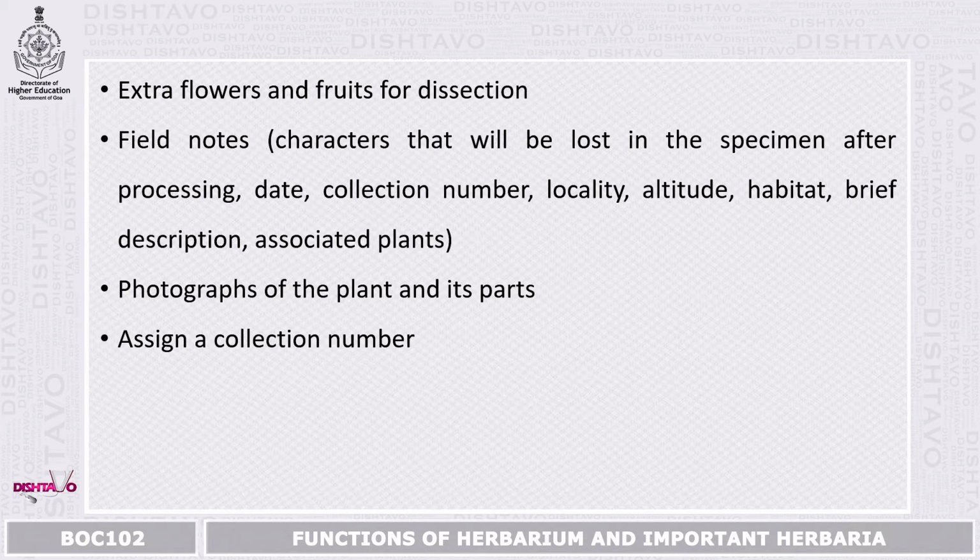Field notes are to be written in the field notebook, and this includes characters that will be lost in the specimen after processing, the date of collection, the collection number which is given to the specimen, the place of collection, the altitude of the area, the habitat in which the plant is growing, a brief description, and to a certain extent the plants which live in association with the collected specimen.